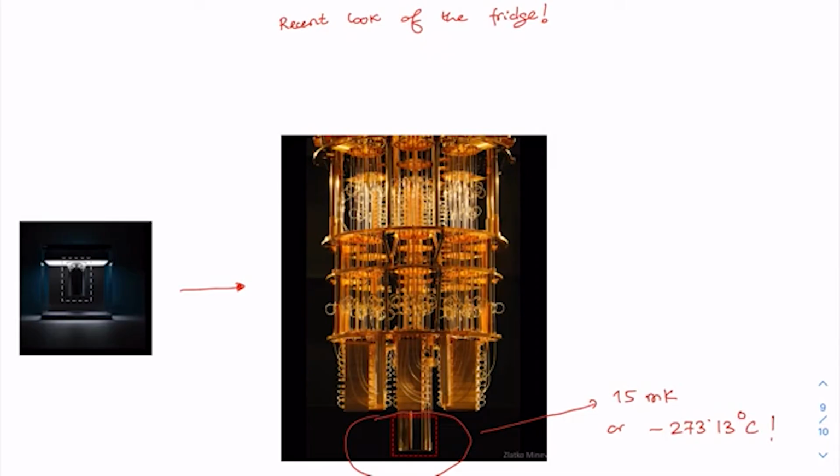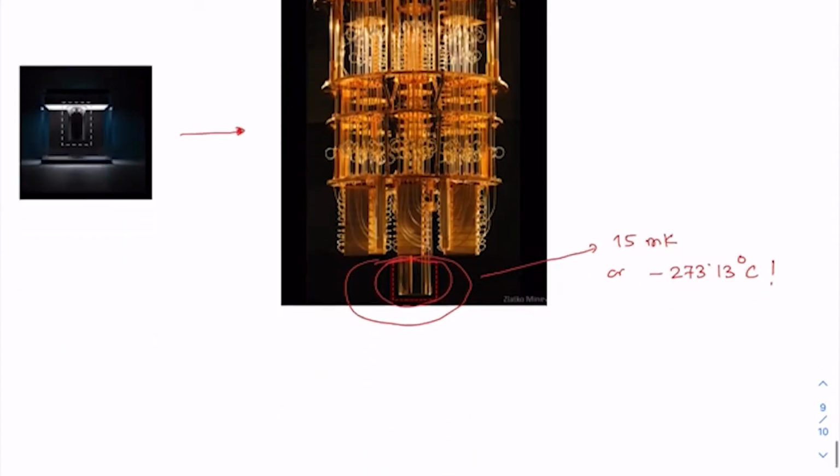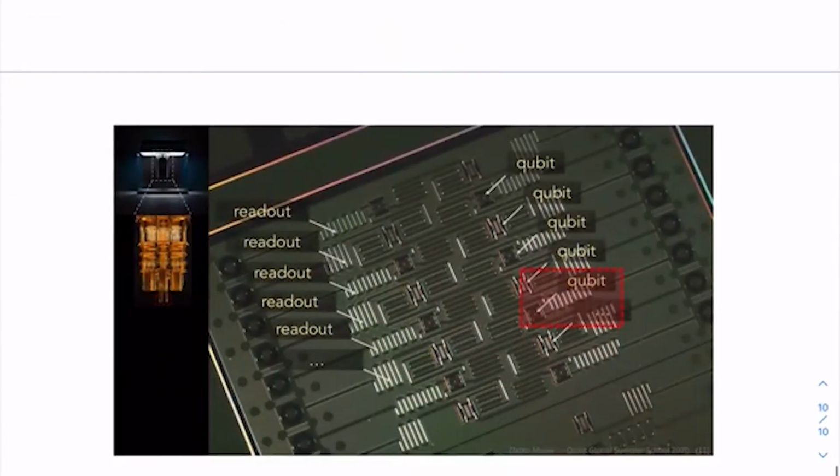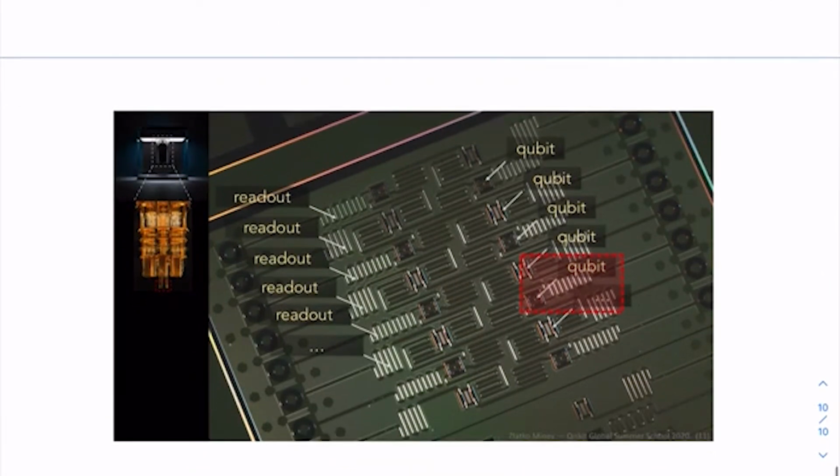Now the next question is, what is inside this shield? Unveiling it further would reveal some superconducting chips, as shown in this picture here. What you see is a device having quite a number of qubits like this.